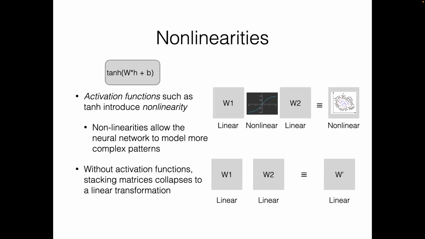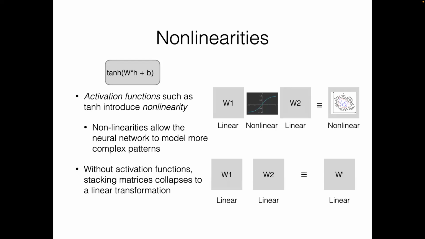As was mentioned here, if you don't have the nonlinearity and you stack these linear layers together, then that actually is just equivalent to a linear layer. And so your learning algorithm can basically treat it the same as if you just used one layer. However, if you introduce this nonlinear layer, then again, it gets more expressive.